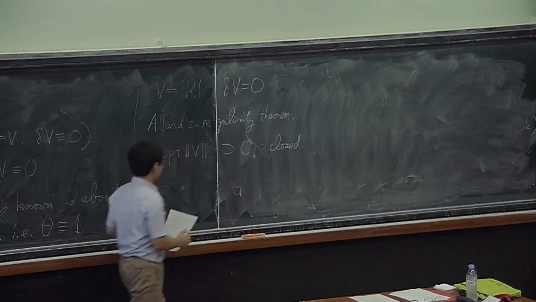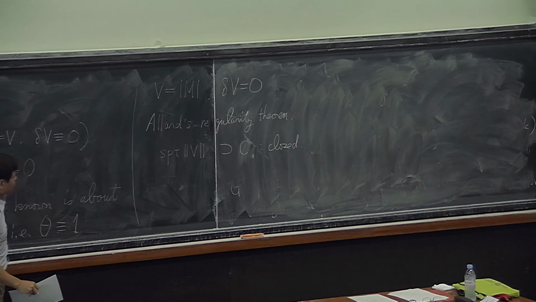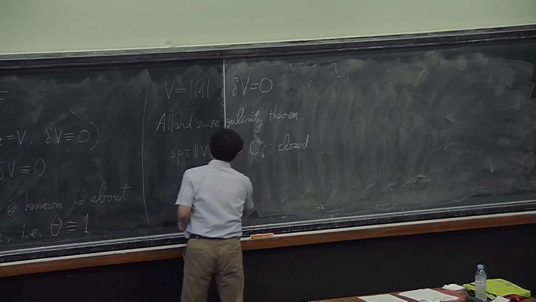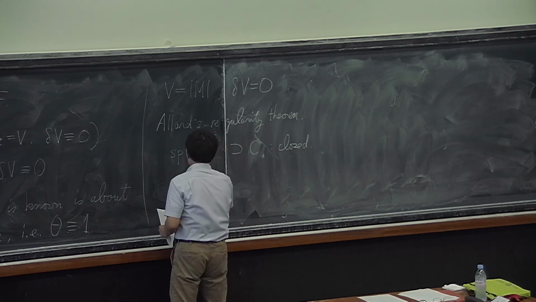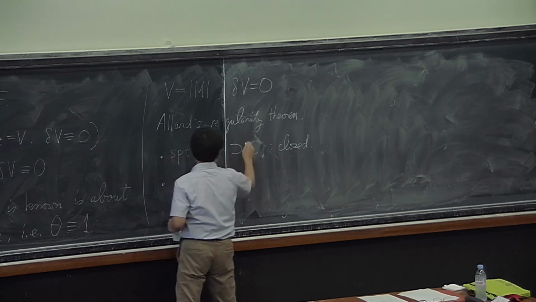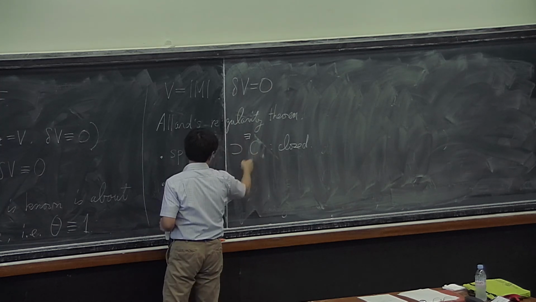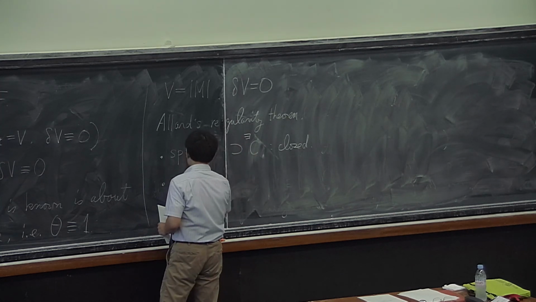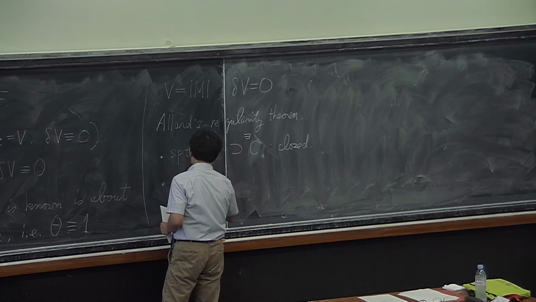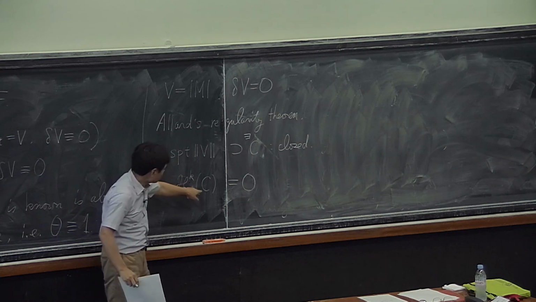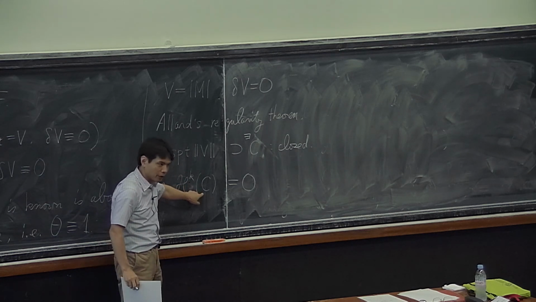So the support of V has a closed set, which could be empty, of course, but in general may not be empty. And this set has measure 0. So the k-dimensional measure of this closed set is 0.